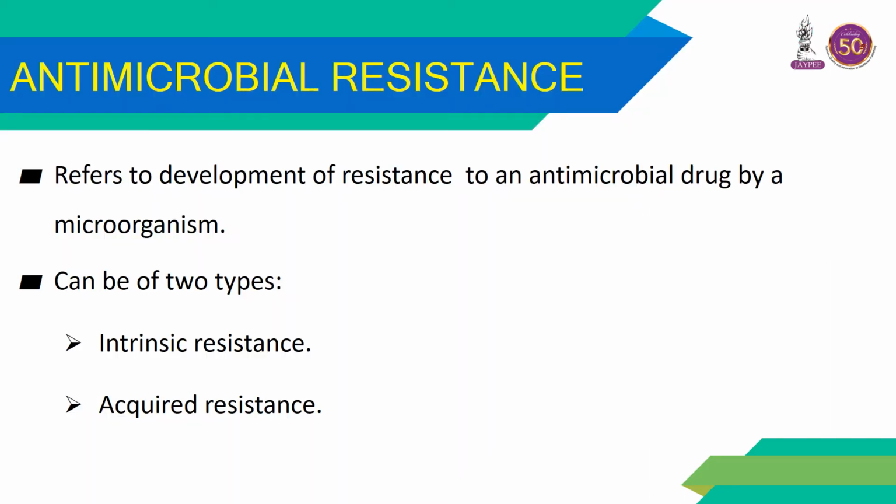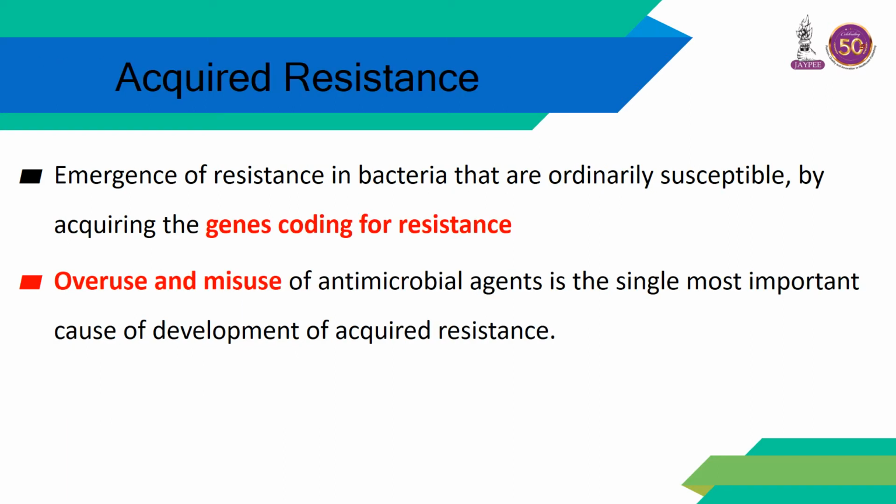First of all, you should know that development of resistance to a drug can occur by two methods. It is of two types basically. First is intrinsic resistance and second is acquired resistance. Acquired resistance, as the name suggests, is acquired. That is, the organism was susceptible or sensitive to a particular drug.